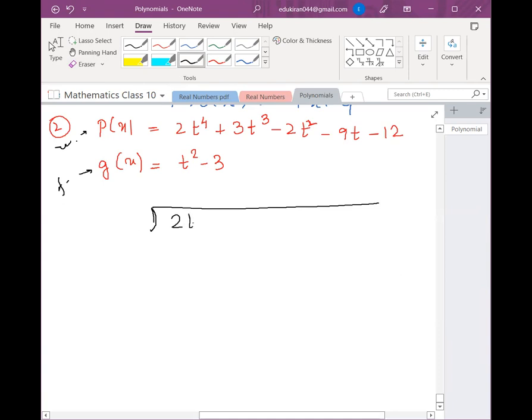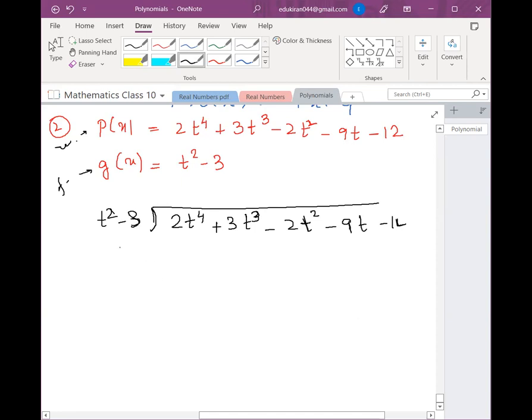So 2t to the power 4 plus 3t cube minus 2t square minus 9t and minus 12, divided by t square minus 3.